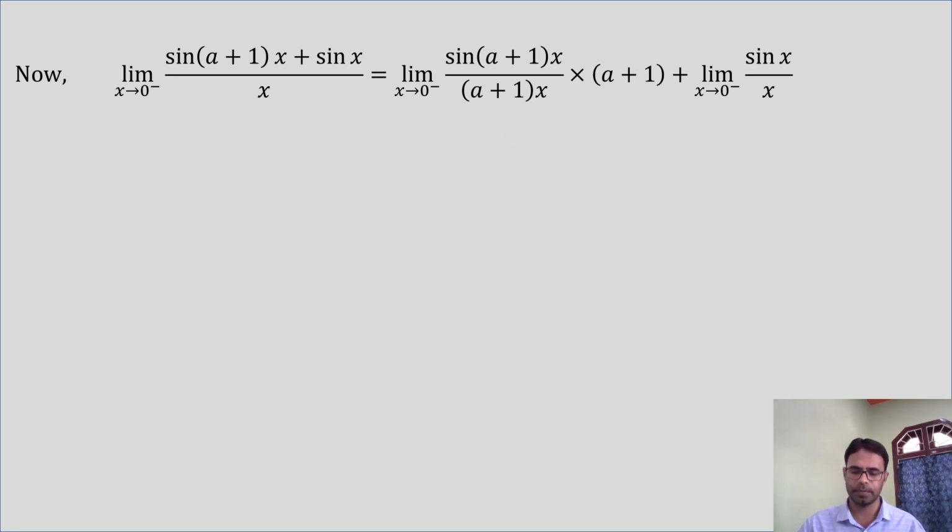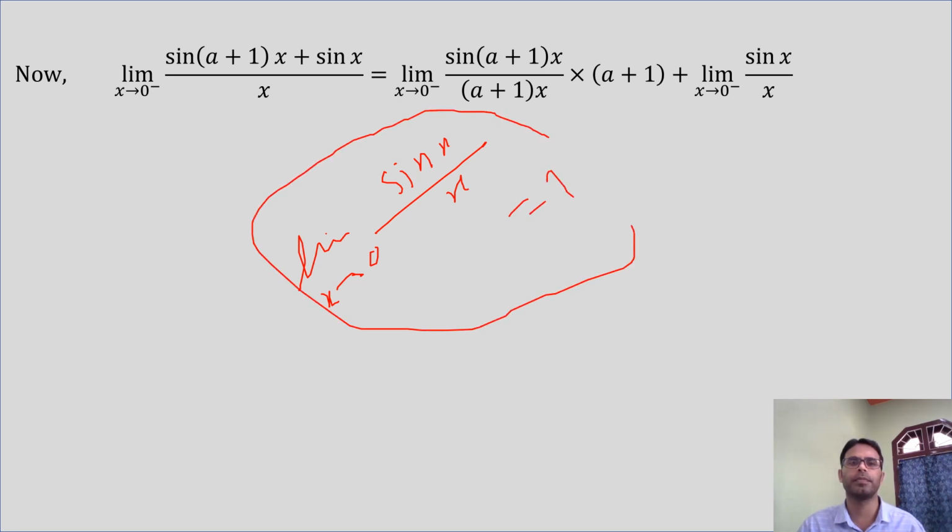You know that this formula we already know. So to get this formula, I am taking this line here, and you see here a plus 1 is the extra term. So you have to multiply by a plus 1 here also, and the second part is simply sin x by x.